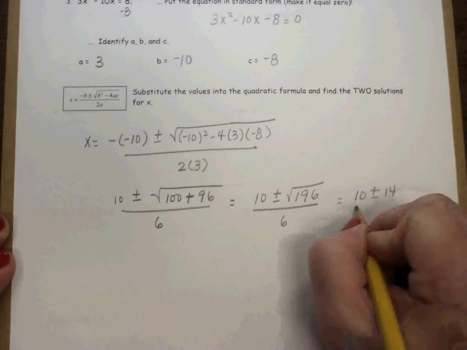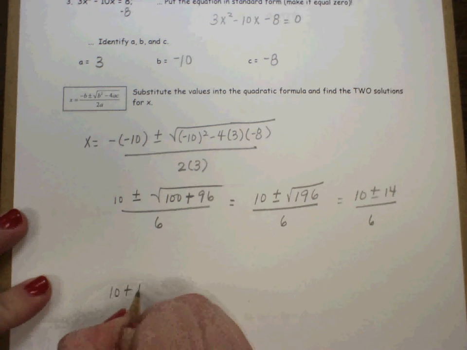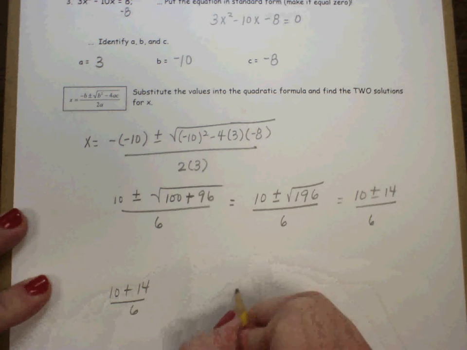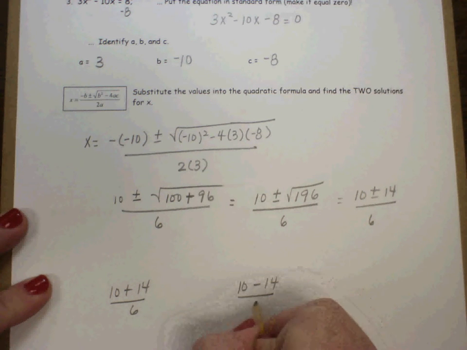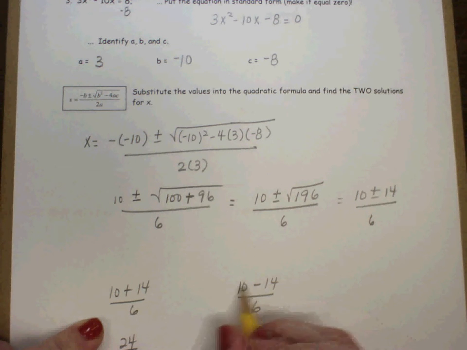So this is where we do both problems. One adding, and then one subtracting. 10 plus 14 equals 24. 24 divided by 6 is 4. 10 minus 14 is negative 4.